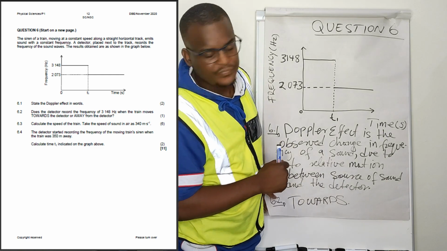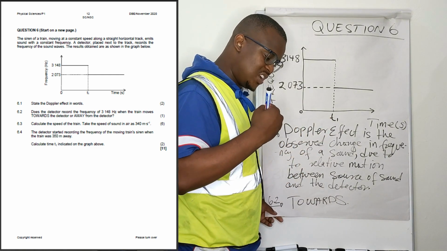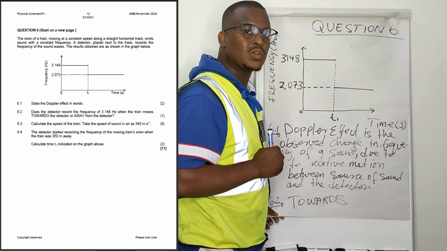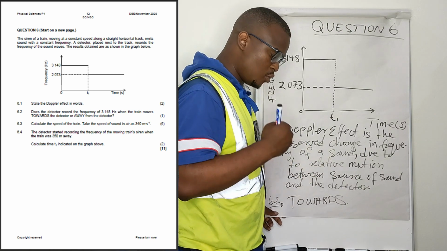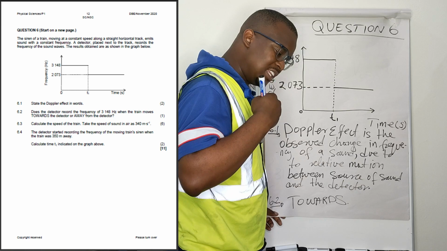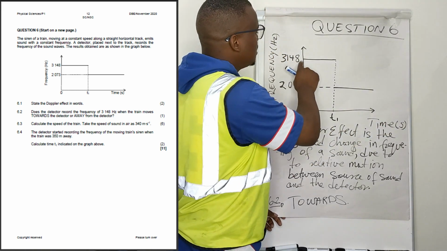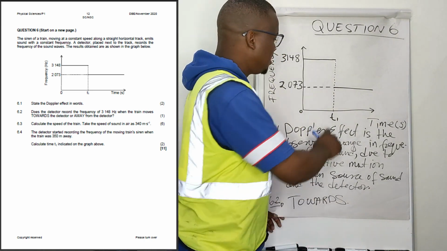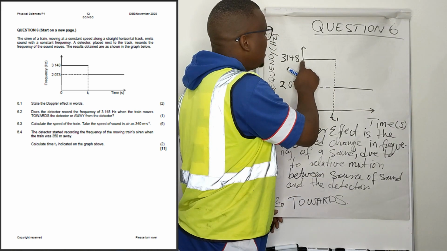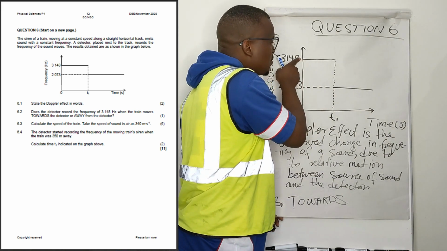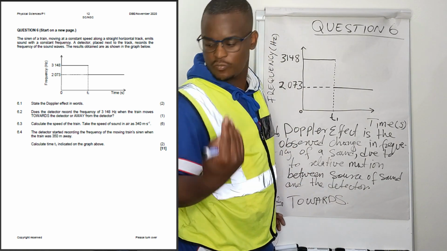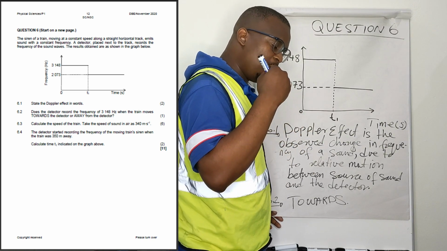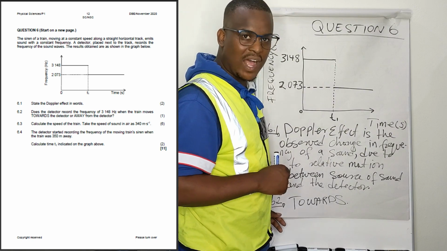They want you to calculate the time from when the detector started recording to when the train passes, because at T1 the train is moving away from the detector. When the train was here, it was 350 meters away. So they want you to find the time it took for the train to move from there to pass the detector.